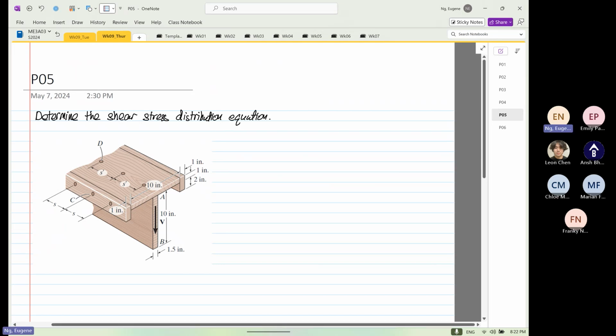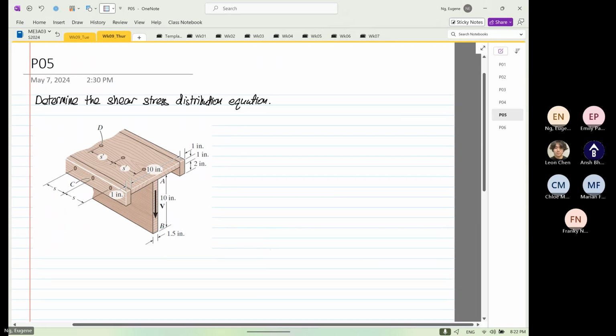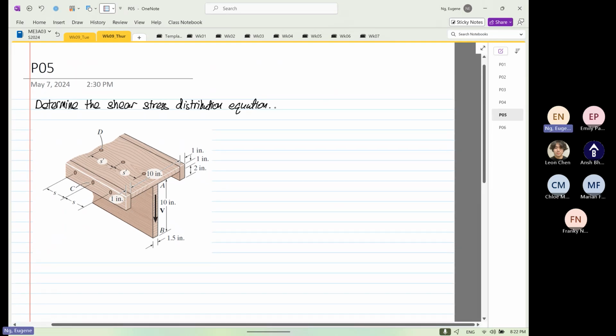Okay, we're going to determine the shear stress distribution equation from here. So now, on the flange and major web.